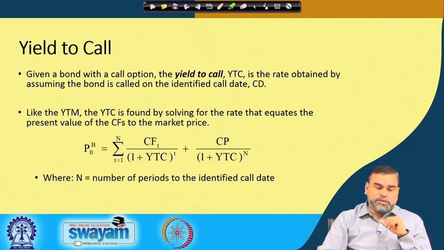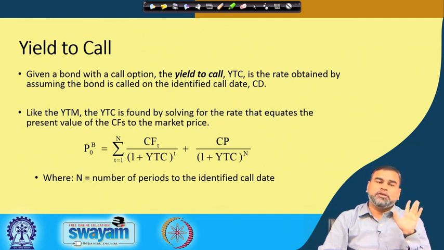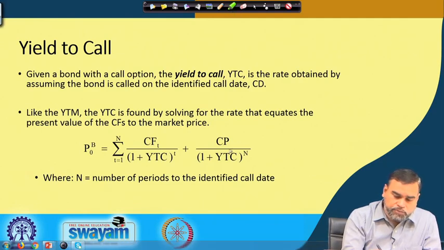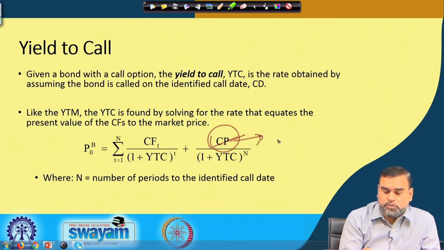Like the yield to maturity, the yield to call can be found by solving the same equation, which equates the present value of the cash flows to the market price. But here one thing you remember: whenever we are talking about the yield to maturity, we are discounting the par value, or we can say the face value of the bond.